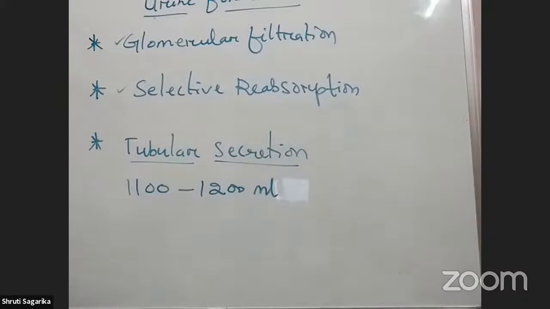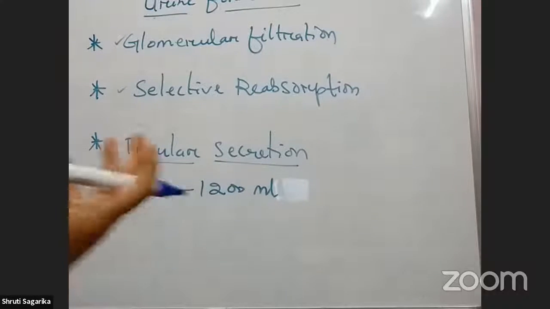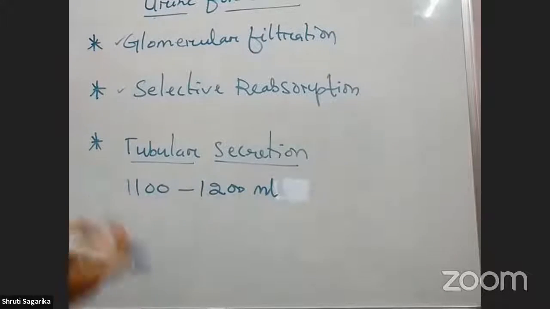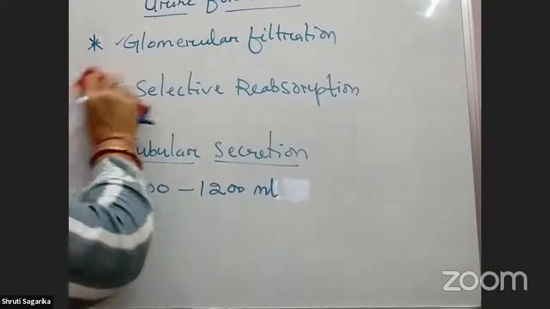Then the filtration is done in the glomerulus and Bowman's capsule, that means the Malpighian body. So let me erase this part, then we'll continue with glomerular filtration.